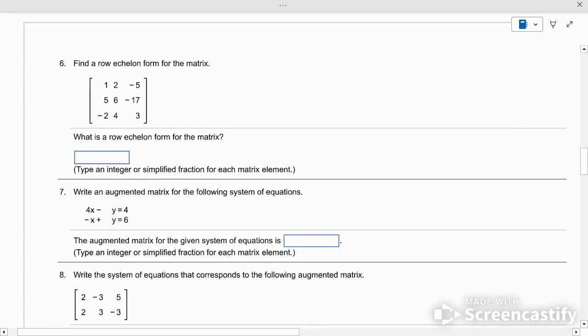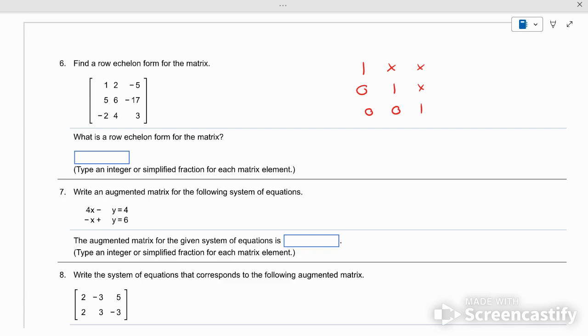So row echelon form for this. What is row echelon form? Well, we want a 1 and then numbers, a 0, a 1, and numbers, and a 0, 0, and 1. That's how we want it to look.